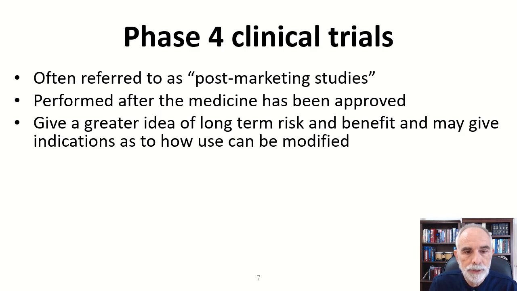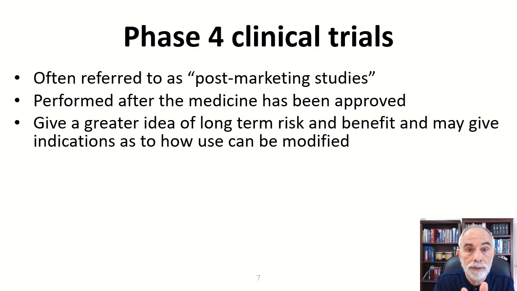The objective here is to get some idea of a particular risk, for example, that may have been seen in the pre-marketing clinical studies. Occasionally, the FDA will say, we're a little concerned about peripheral neuropathy that we saw in a couple patients in your earlier studies, maybe patients who are African American, for example.